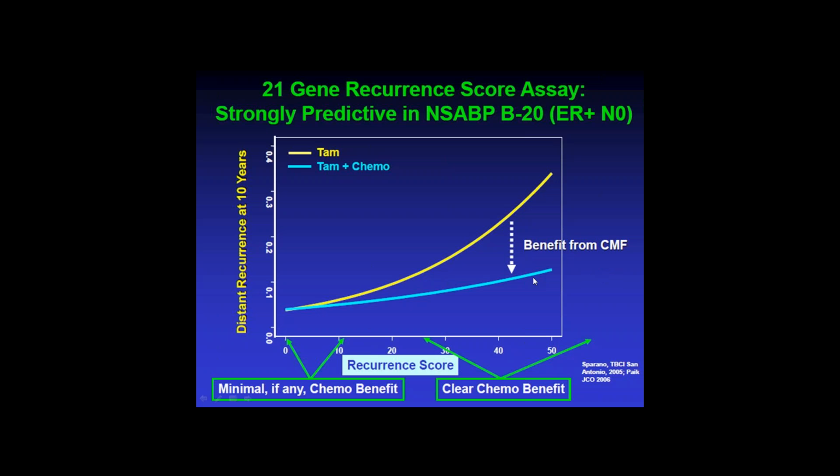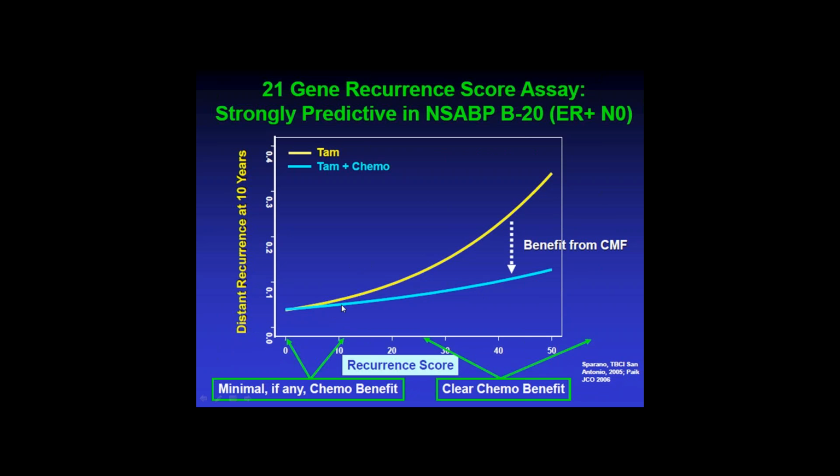So here's a study that showed women got chemo or tamoxifen alone or tamoxifen plus chemo based on their recurrence score. And as you can see, once the score started going up high, the benefit of chemotherapy was dramatic. There was no benefit of chemotherapy in those with low scores. And this was from a retrospective study, but last week in the New England Journal of Medicine in October 2015, the first results from the prospective study of 10,000 women who were followed to see what happened when they got endocrine therapy alone with scores of less than 11 was published.